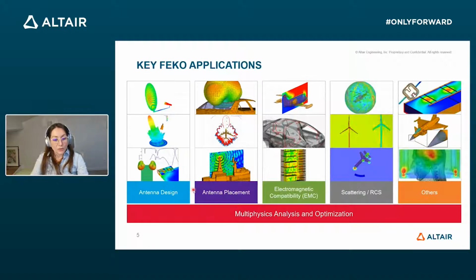We can also perform some antenna placement analysis, as I mentioned, so adding certain platforms on which this antenna can be mounted, whether it's cars, aircrafts, ships, or any other type of platform. We can also perform some electromagnetic compatibility analysis, as well as scattering and RCS analysis and other applications, some of them in the biomedical domain, etc.